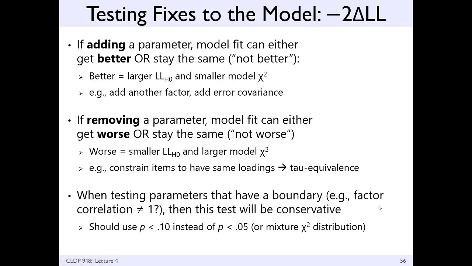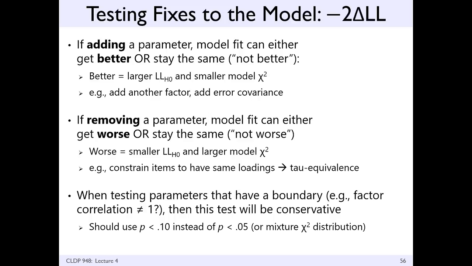Just as a side note here, sometimes you will end up in a situation in which the null hypothesis of 0 doesn't work for a parameter. So for instance, if you're testing whether you need 2 factors or 1, what that actually amounts to is testing whether the correlation between your factors is something different than 1, under 1. And because the correlation of 1 is on the boundary of what it can be, the chi-square that you should use is not the actual chi-square for 1 degree of freedom.